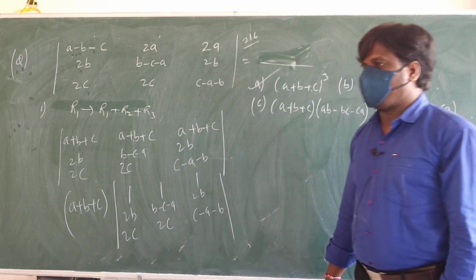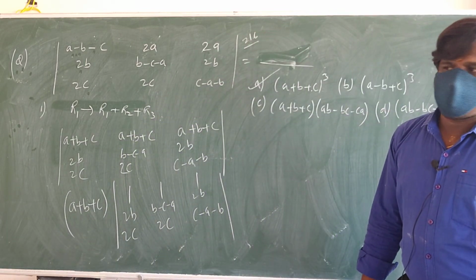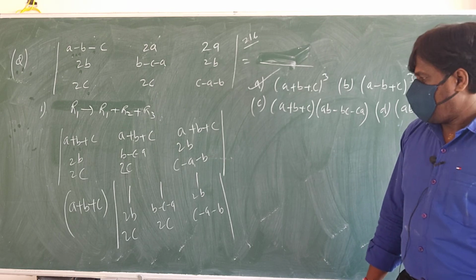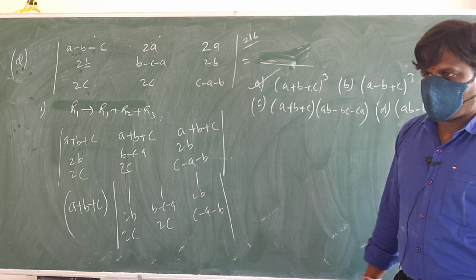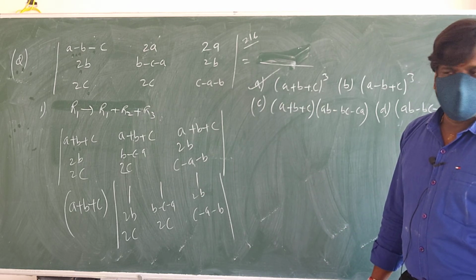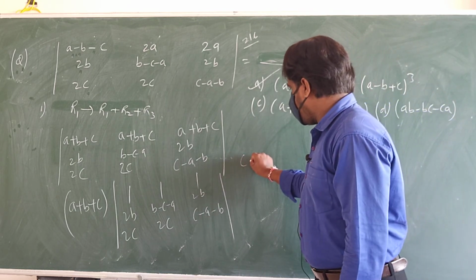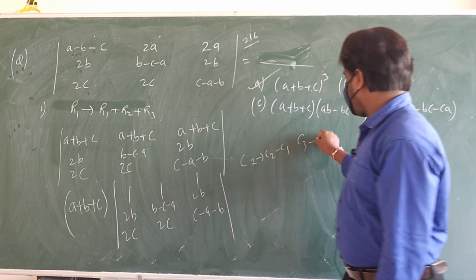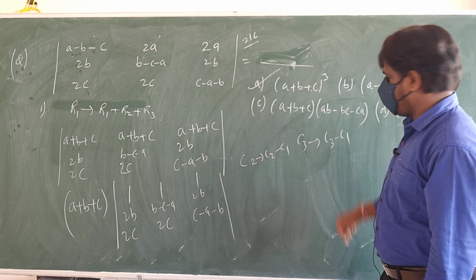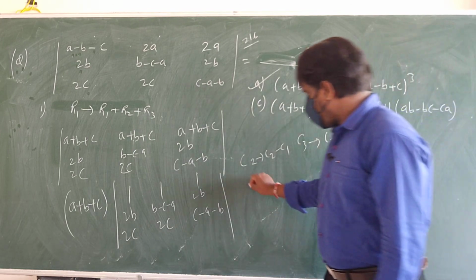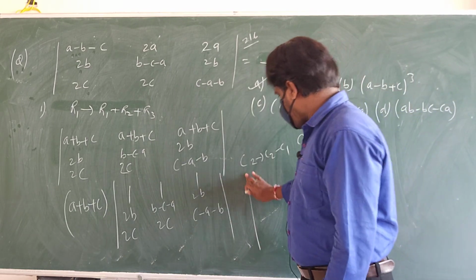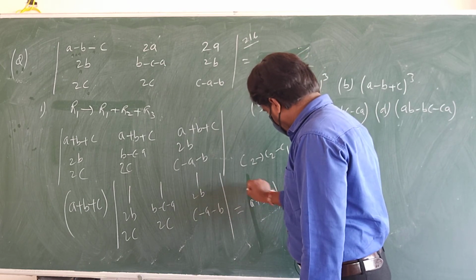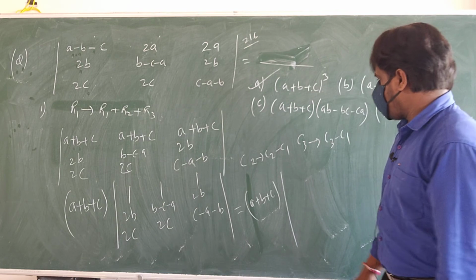Right? Now what do you do? We have to take zeros. So how to take? C2 implies C2 minus C1, C3 implies C3 minus C1. So what I get here? This value is A plus B plus C into C2 minus C1.